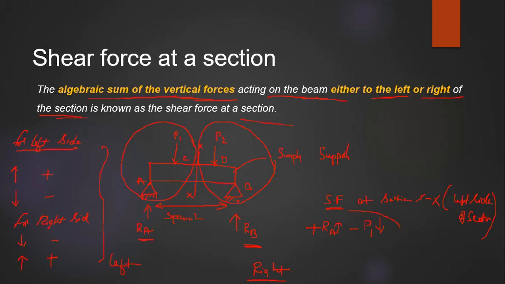Therefore, RA minus P1 is the shear force at section XX. And similarly, you can also calculate the shear force at section XX considering the left hand side forces or the right hand side of the given beam.